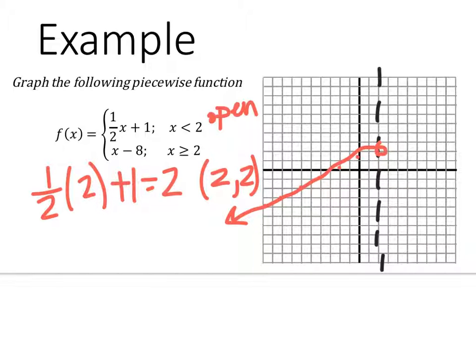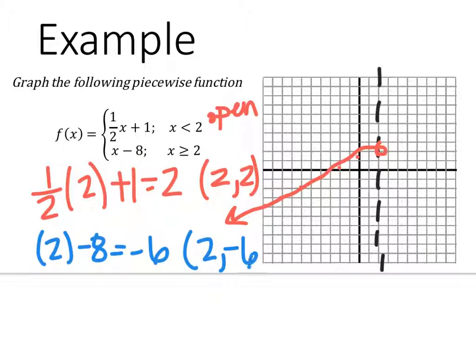My second line, x minus 8, also starts at 2. So I'm going to evaluate that equation when x is 2 to get a y value of -6. So I have my point at 2, -6, and I know it's going to be closed because there's an equal to sign.